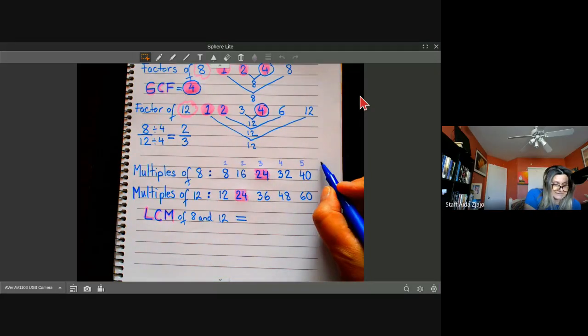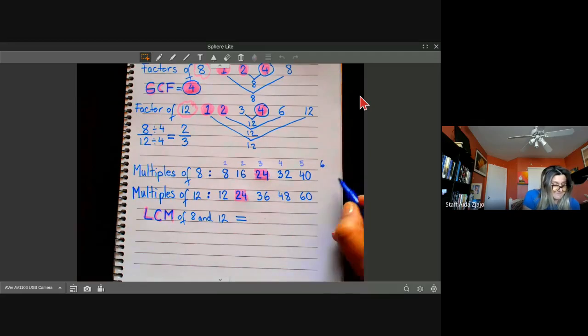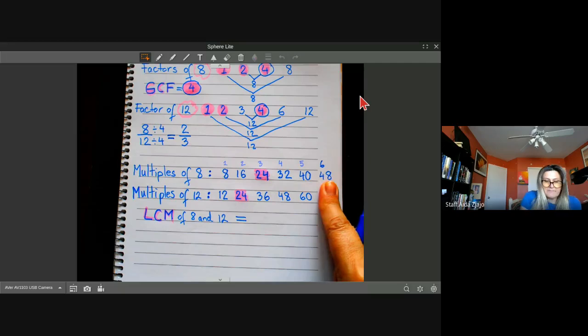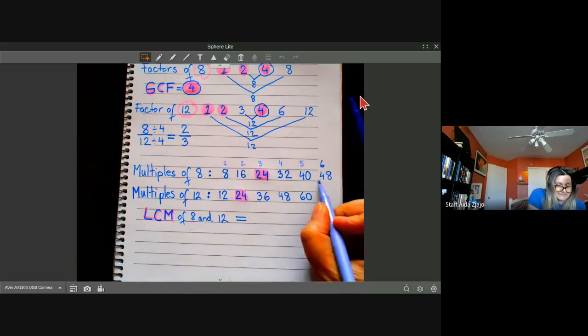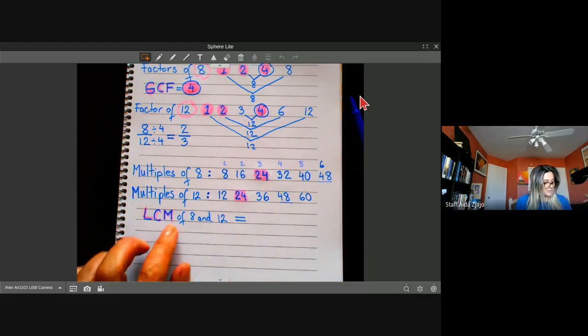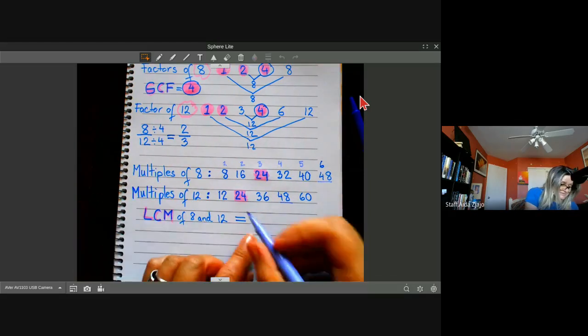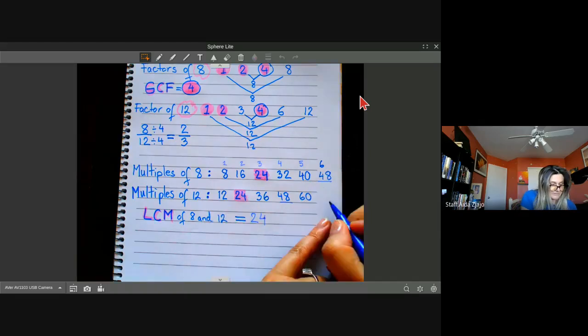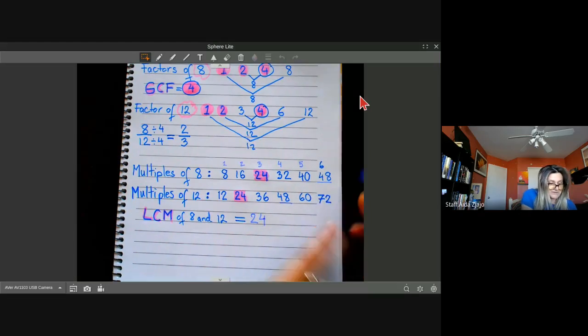But if we keep doing it, like 6 times 8 is 48, you will see that, oh, I have a 48 here and I have 48 here, but that is not the least. The least is the first that comes. So the least common multiple for 8 and 12 is 24, because if I keep on multiplying, it would be more, like 72, and it goes on and on forever.